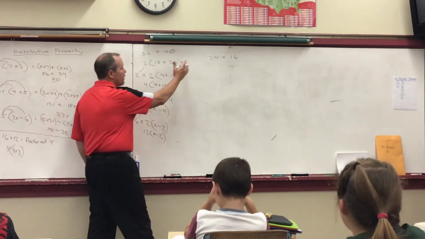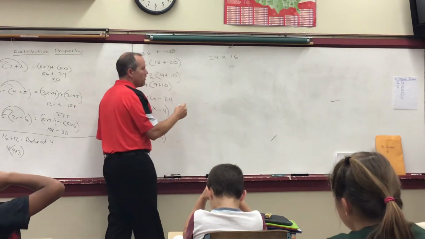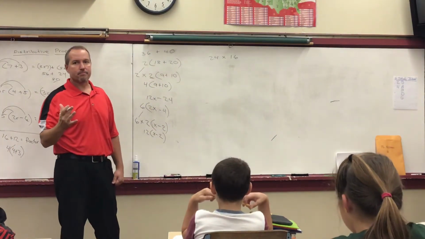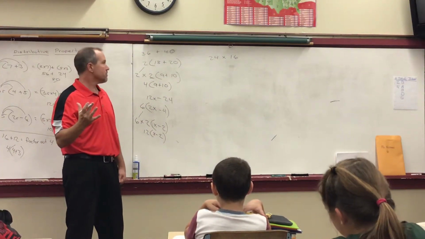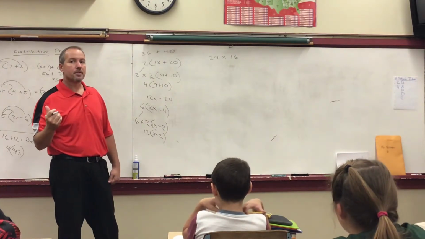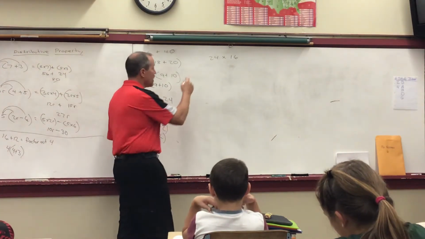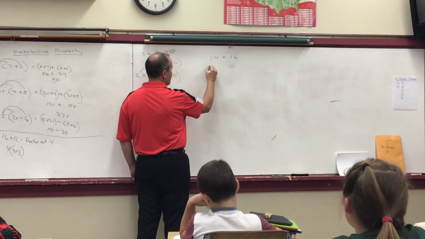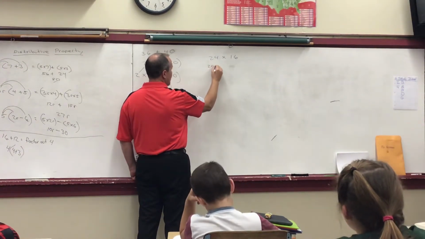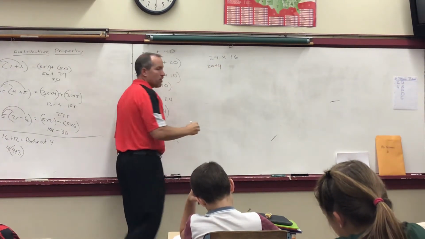So, if I take 24 and break it into expanded form, it would be what? 20 plus 4. So 24 breaks into 20 plus 4.